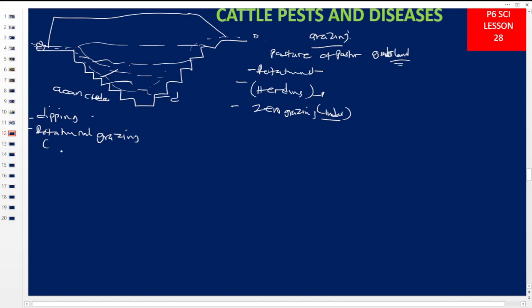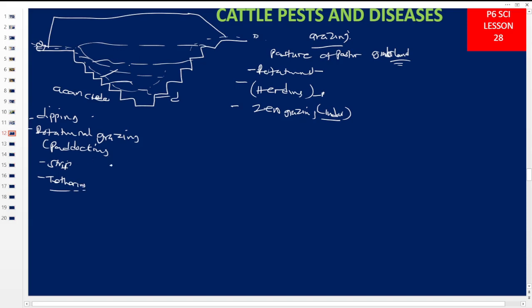Now, this rotational grazing is divided into three. One, there is what we call the paddock system. Then there is what we call strip grazing, and also there is what we call tethering. Tethering, as we discussed this word in our word bank.